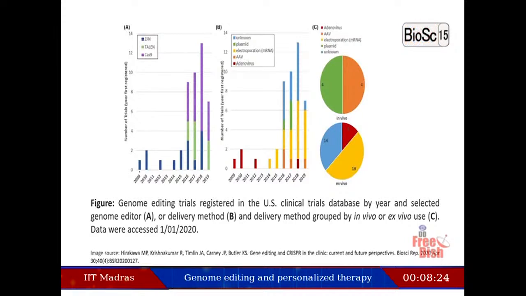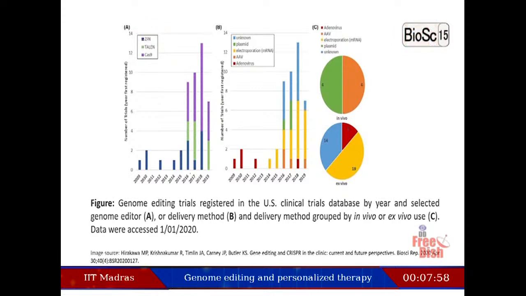And you can see here the data from 2009 to 2019, with the number of ZFN trials increasing and then decreasing and again increasing and decreasing and increasing, and in 2009 not a single ZFN trial can be reported, as seen by this green colored column.